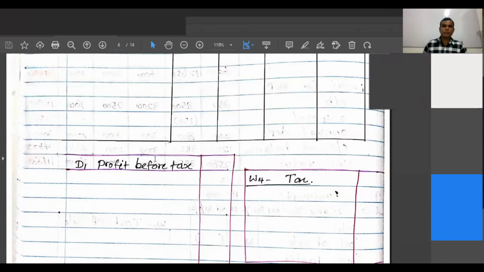Now this is what we call one of the disclosures. Here you can write in this manner. Normally students write a note here. This is the note.